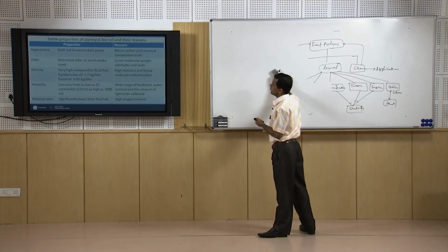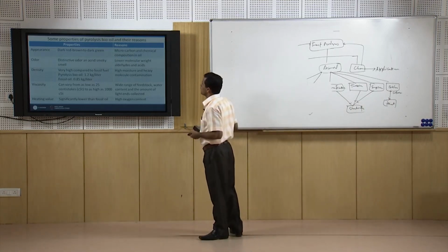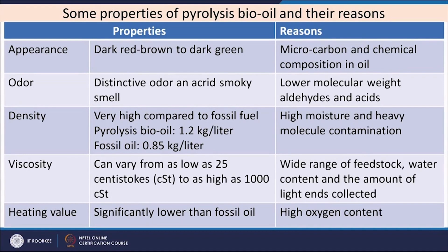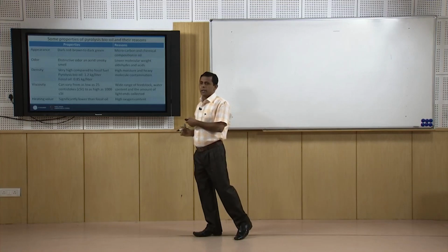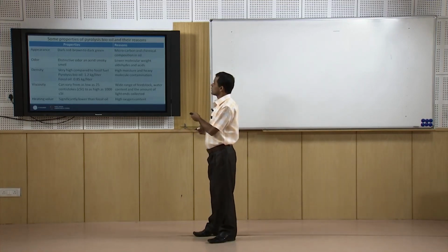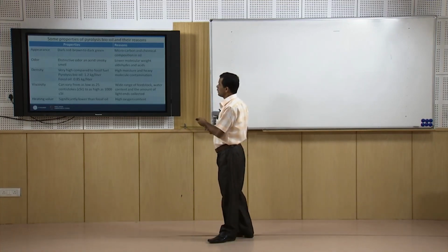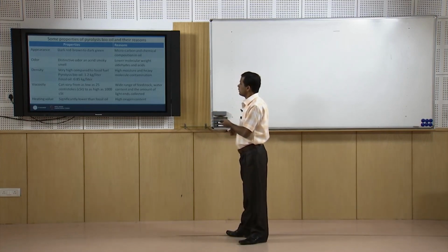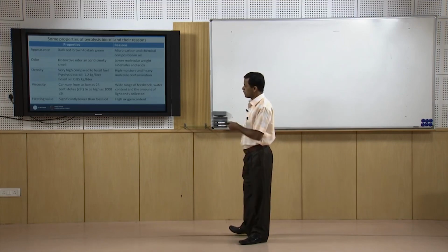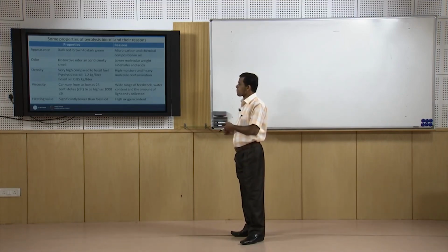It has a distinctive acidic, smoky smell, which is due to the presence of different types of aldehydes and acids. The density of this is more than the fossil oil, and this is because of high moisture and heavy molecular contamination.